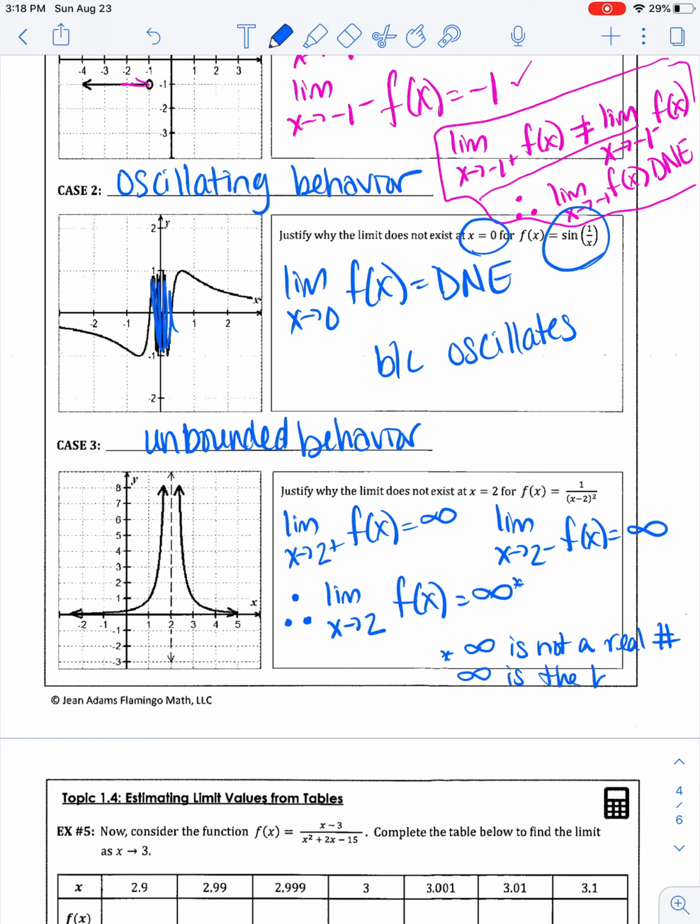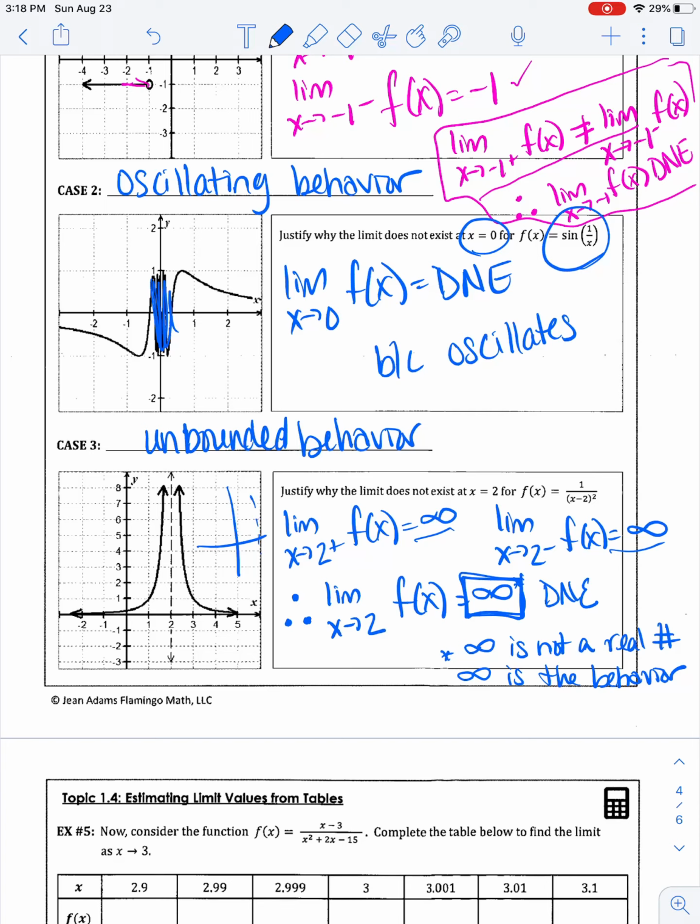Infinity is the behavior. So in my homework, I think you're going to see me put infinity for those. But in some textbooks, you'll see does not exist because in their minds, infinity is not a real place. But you are absolutely fine to go ahead and put infinity.